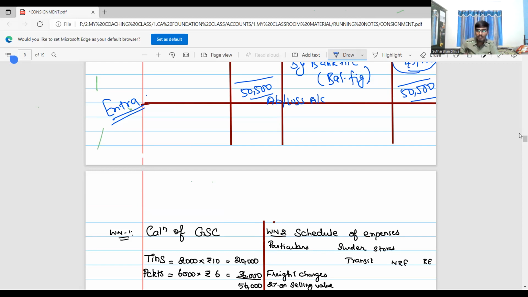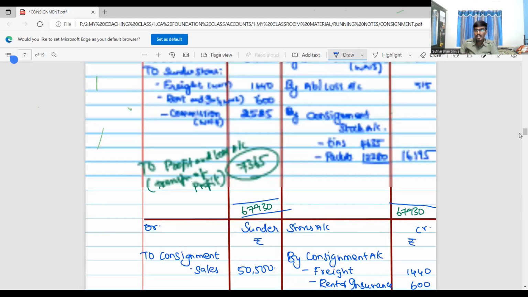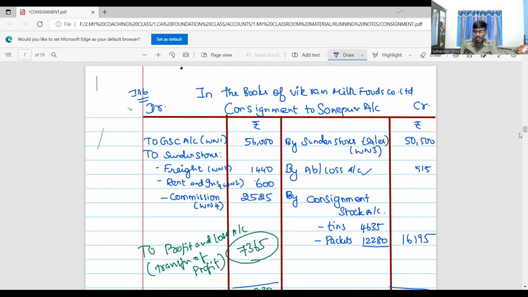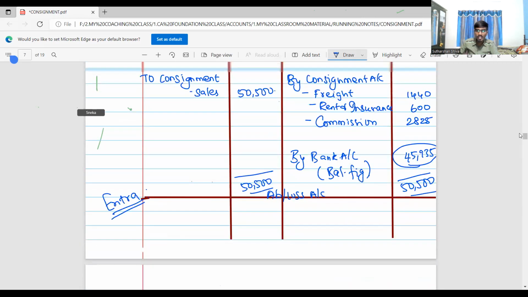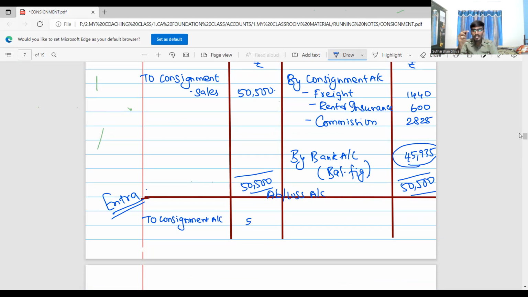You credited the abnormal loss in the consignment account, right? This abnormal loss should be debited in the abnormal loss account in the name of to consignment 515. In the question, they clearly told that the insurance company gave 450 rupees.